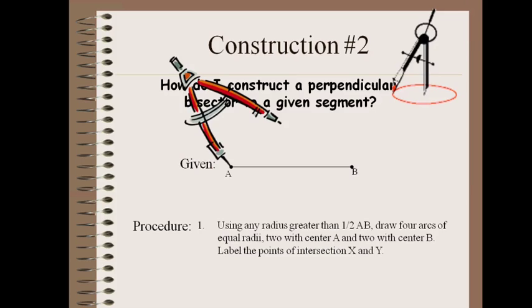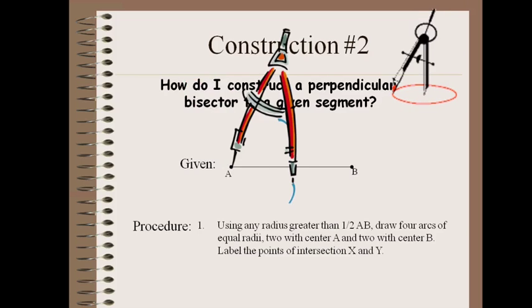AB. Half of AB means, suppose length of AB is 4 centimeter, then half of AB will be any measurement above 2 centimeter. So you can take any measurement as radius in your compass more than 2 centimeter, inscribe an arc above the line and one arc below the line as shown on your screen.